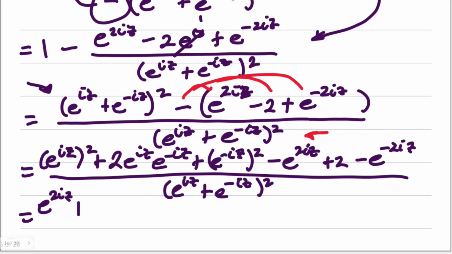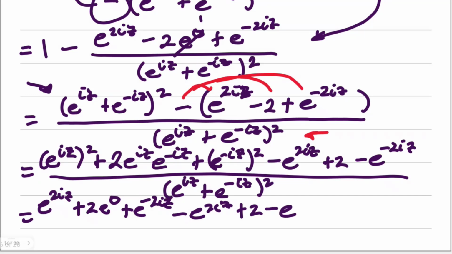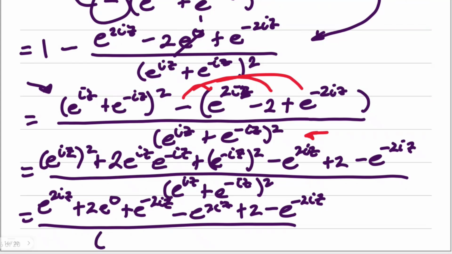So you have here 2 e to the power of 0 plus e to the power of negative 2iz. Then minus these three terms remaining here: e to the power of 2iz plus 2 minus e to the power of negative 2iz, all over the same denominator, e to the power of iz plus e to the power of negative iz squared.